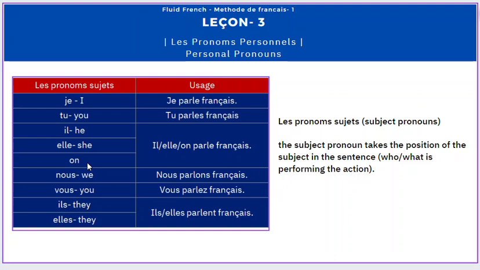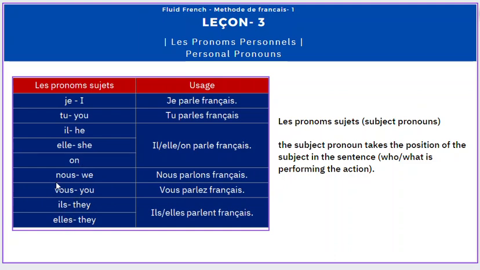Like in English, we have one likes to read. So here we are talking in general. Same application we have for on in French. In spoken French, nous, which means we, is often replaced by on. It's very rare that people will use nous in spoken French. They will say on. Vous, il, elle.